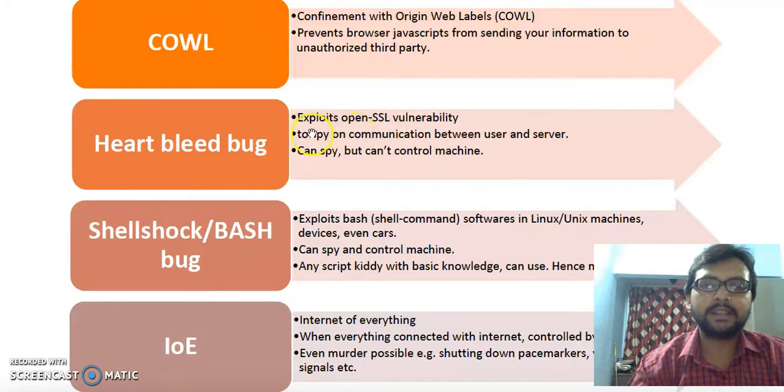What it does is exploit OpenSSL, that is Secure Socket Layer, which we basically use for secure transmission, to spy on communication between user and server. So basically if SSL is vulnerable, then in simple words we can say a man-in-the-middle attack is possible now. It can spy but can't control the machine. That is again the most important part.